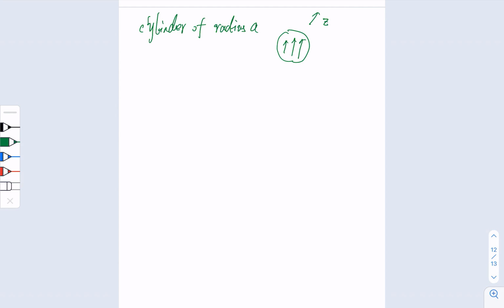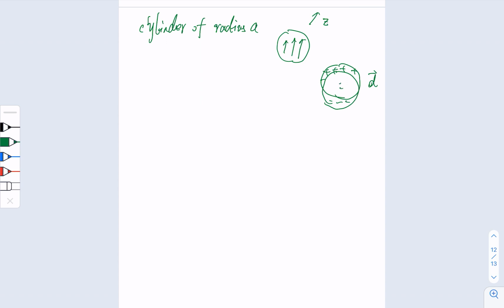So here, alternatively, we can think of using the same picture that we mentioned before of two uniformly charged spheres, and simply replace them by two uniformly charged cylinders, but they are spaced by a small distance d.